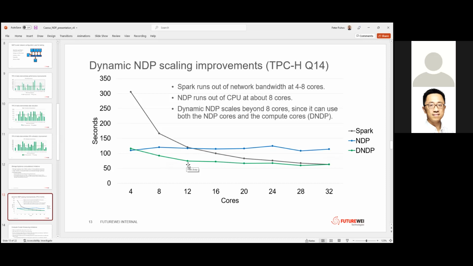On the other hand, we will not saturate the storage compute capacity. The green line is an attempt to find the best middle ground between the two worlds. And again, we believe the results are pretty impressive.